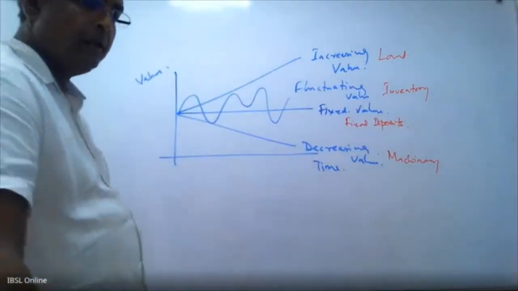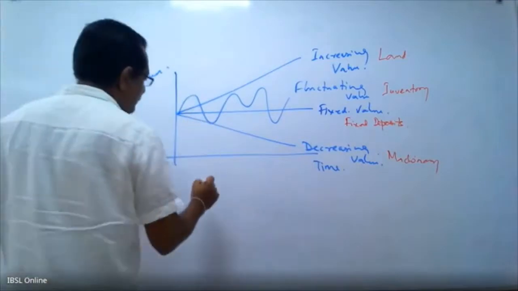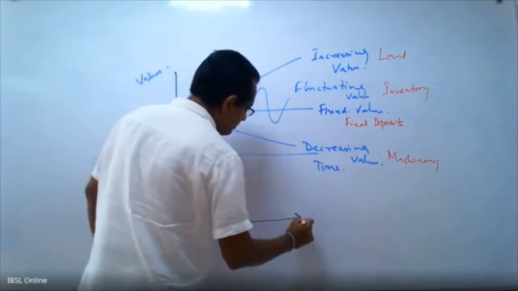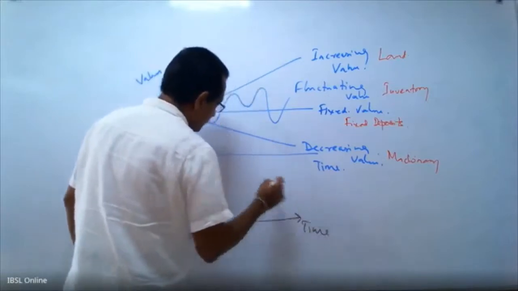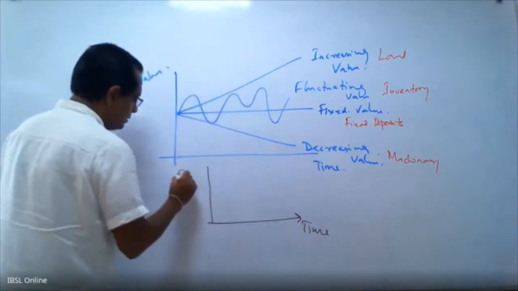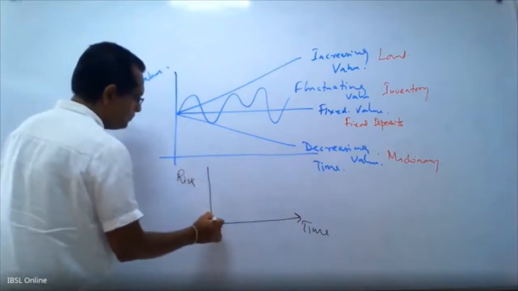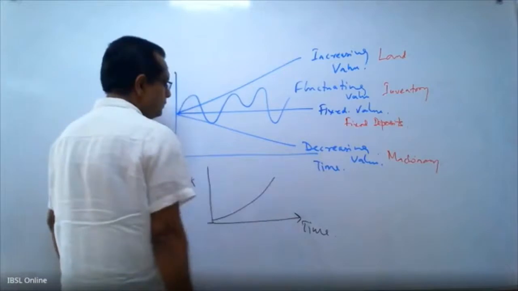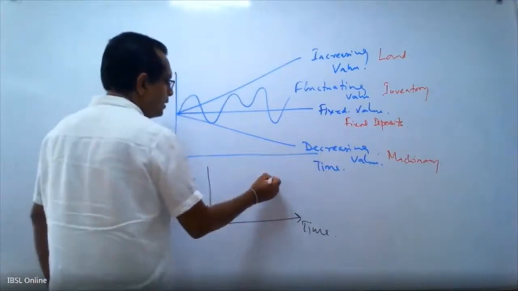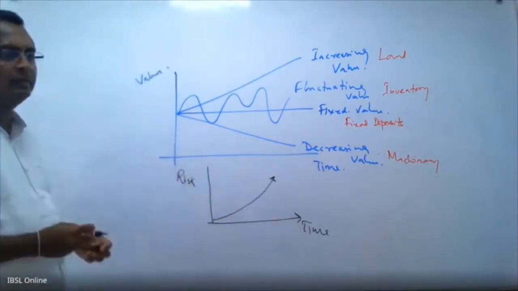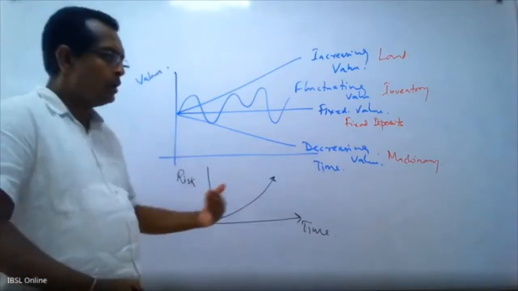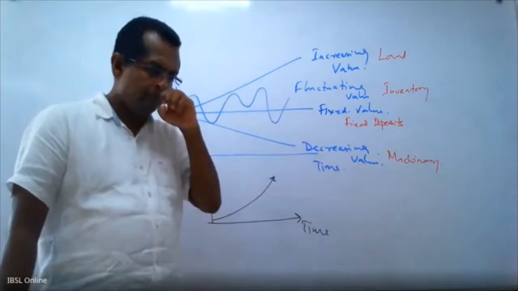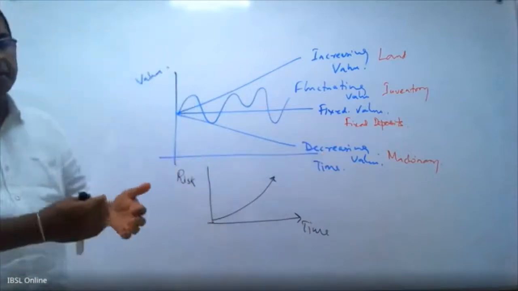Then if we take another graph looking at the business, time and risk. With time, risk increases. The longer the repayment period, the higher the risk. The shorter the repayment, the risk comes down.